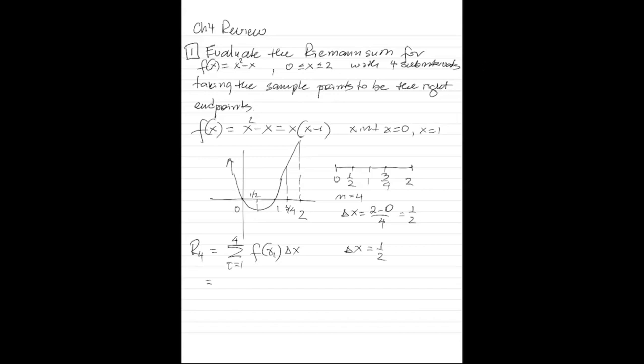So let's expand that. We're going to have delta x, 1/2, and I can factor it out because it's 1/2 for each one of the rectangles. In fact, we can draw the rectangles with the right endpoints.